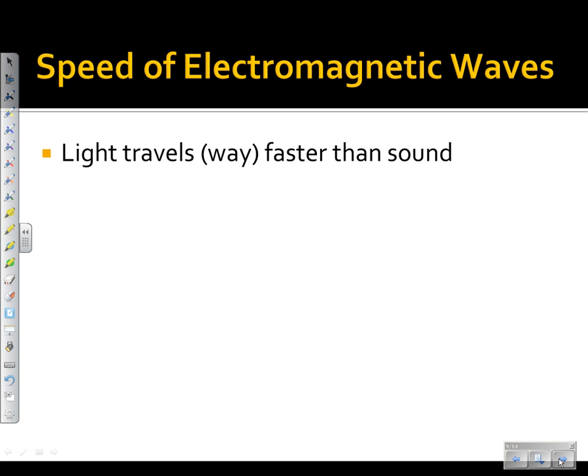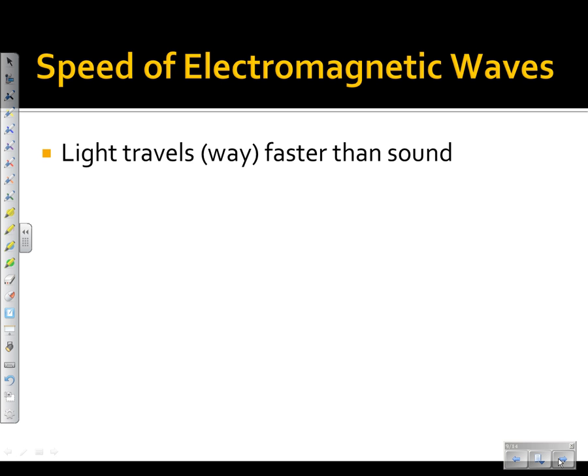Thunder and lightning. Thunder is the sound that lightning makes, right? You see the lightning generally before you hear the thunder. If you hear them at the same time, hide. But generally you see the lightning before you hear the thunder. Why? Because light is an electromagnetic wave. It travels way faster than sound as a mechanical wave does.